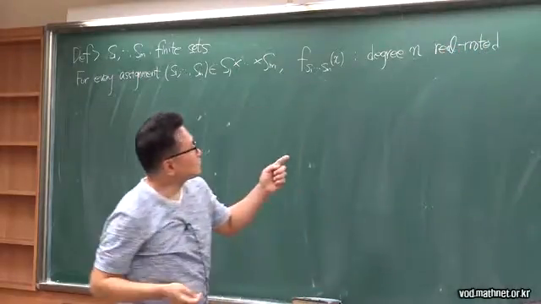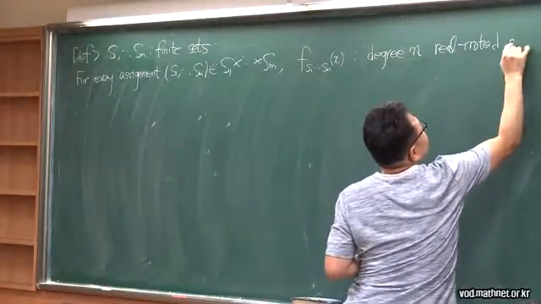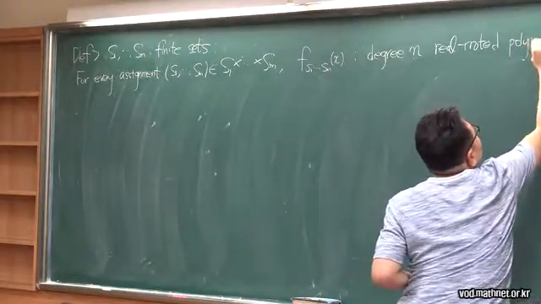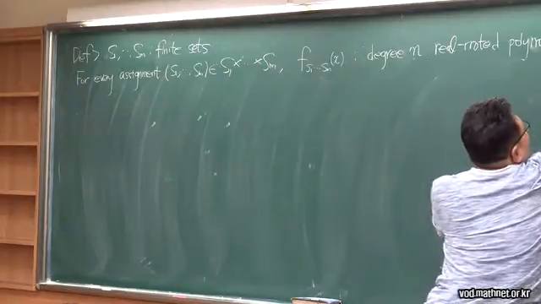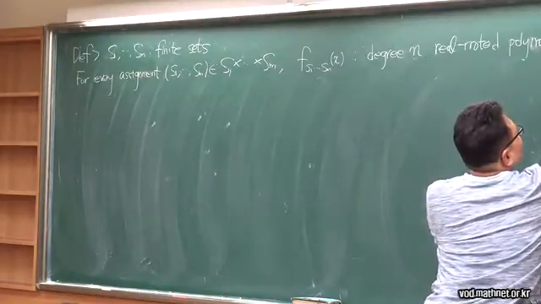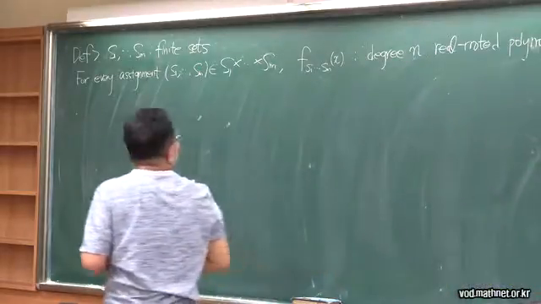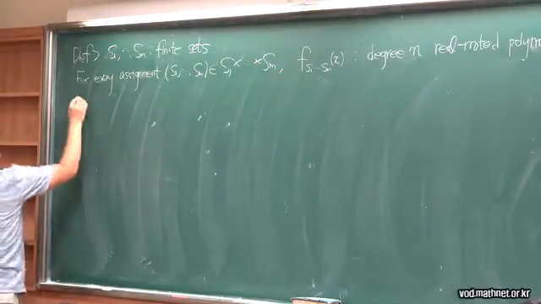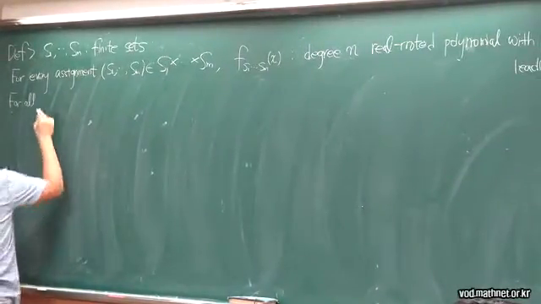Real-rooted means all roots are real and coefficients are also all real. Real-rooted polynomial with a positive leading coefficient. And then from those polynomials, we define another polynomial.